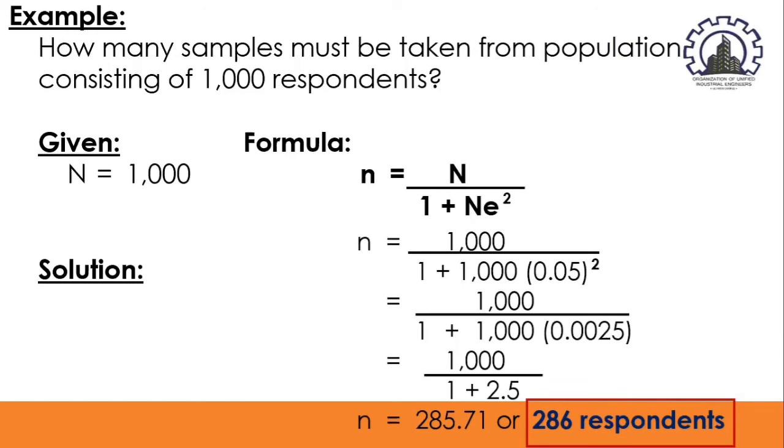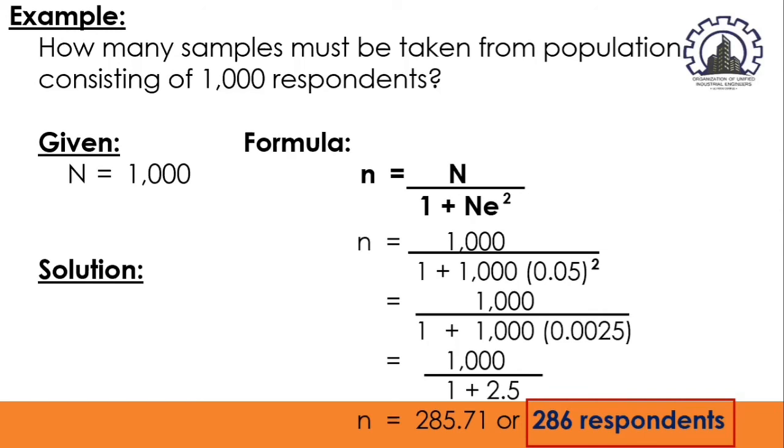And continuing, your total number of respondents is 285.71. Why should we not select 285? Because again, we are looking into the actual number of people, the actual number of respondents that we will be conducting research questionnaires to.